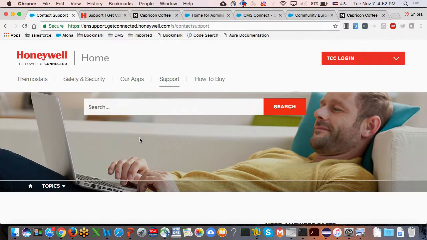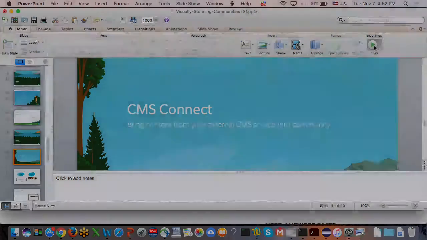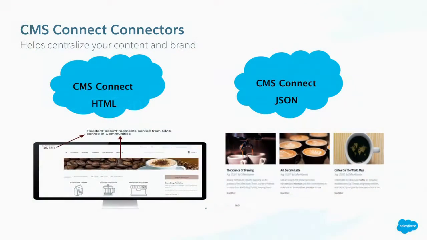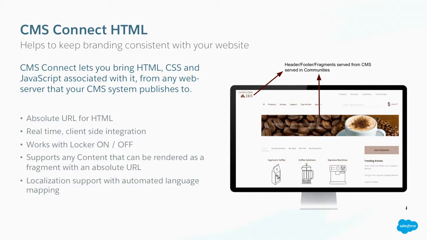Moving to the presentation slides. We have built two types of connectors, CMS Connect HTML and CMS Connect JSON. Using CMS Connect HTML, you can bring in any pre-rendered HTML web content into communities, and content is rendered via URLs, so any content having CORS enabled is brought real-time client-side into communities.